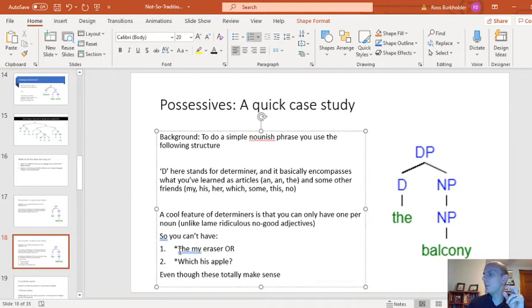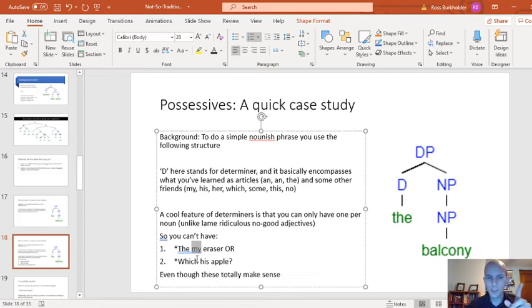I'm putting this little asterisk here to denote that that's an ungrammatical sentence based on speaker's intuition, in this case, my intuition. I hope you share that intuition, that this is a bad sentence. The my eraser. What's bad about that is that both the and my are determiners. And English says no. Only one determiner.